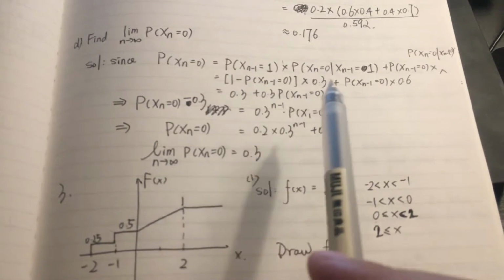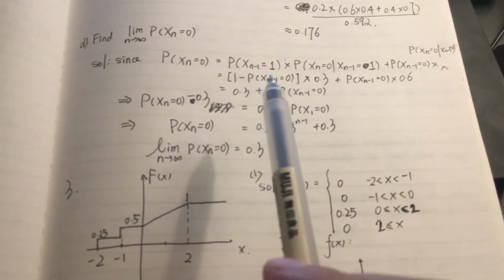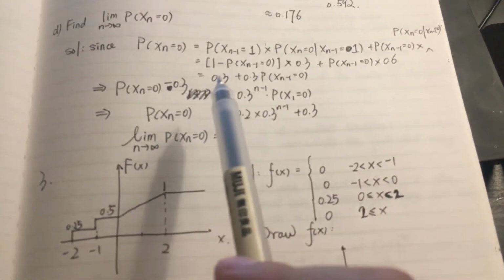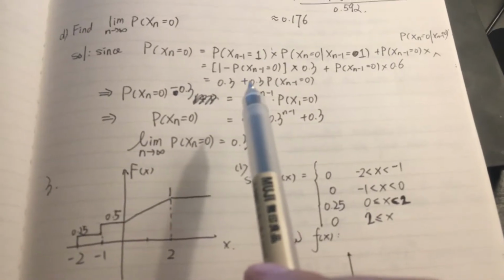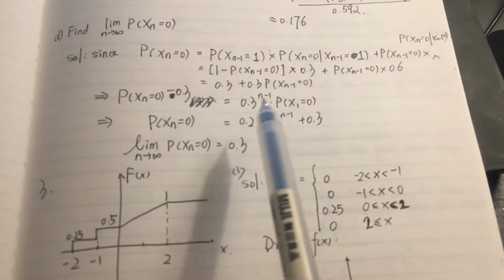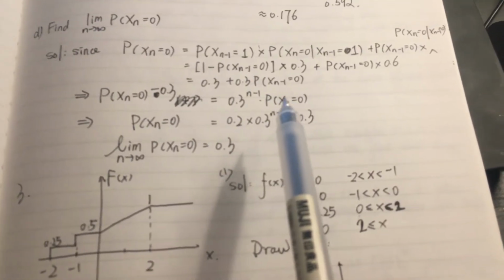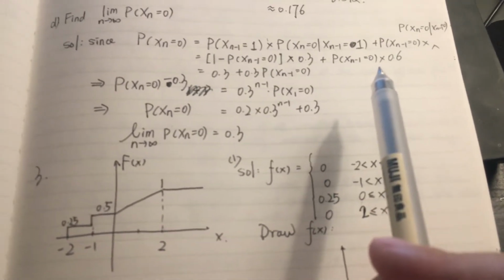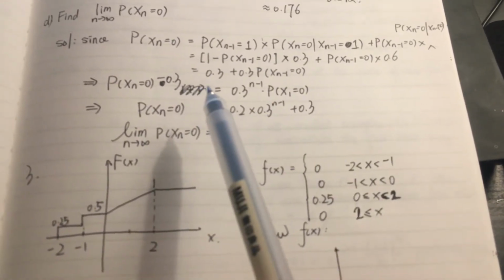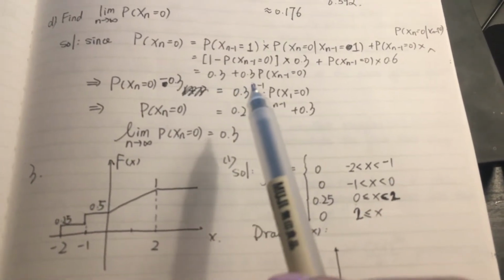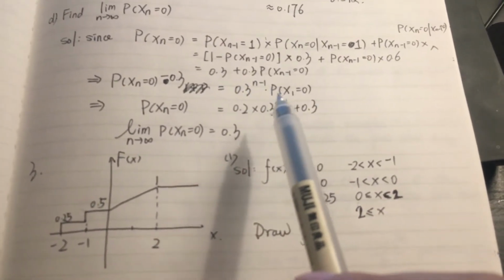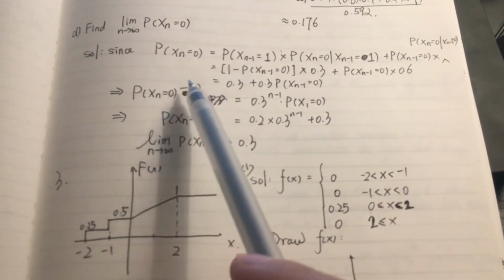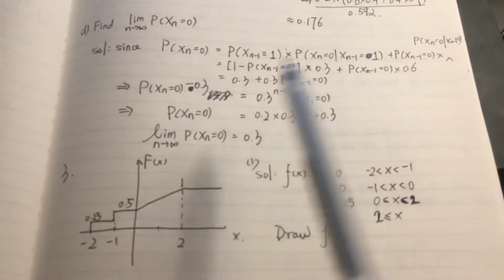So we can rewrite it in terms of the values we already obtained: (1 minus P(xn-1 = 0)) multiplied by 0.3 plus P(xn-1 = 0) multiplied by 0.6, which equals 0.3 plus 0.3 multiplied by P(xn-1 = 0). So we get a relation between P(xn = 0) and P(xn-1 = 0).